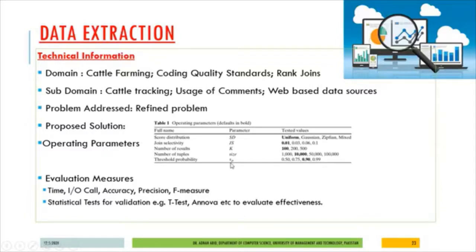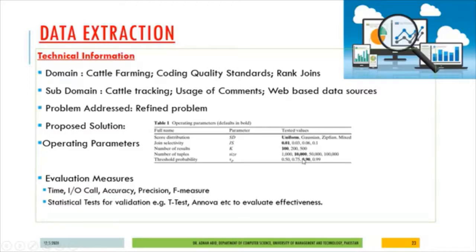So these are several different parameters which can influence the outcome of the proposed approach. So in order to make it an exhaustive evaluation of the approach, we set up several different values for these different operating parameters to perform experimentation for a rigorous analysis.